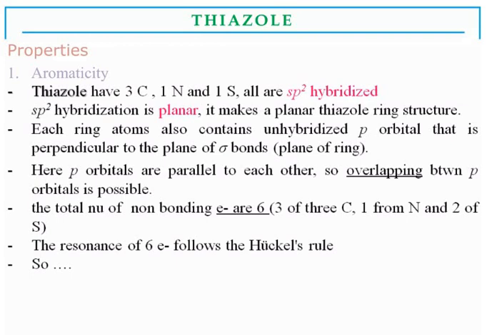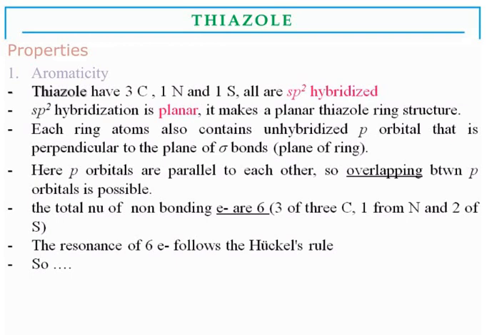There are some important points you can see here. Thiazole has 3 carbons, as you have already seen, 1 nitrogen and 1 sulfur. All are sp2 hybridized. You know my friend, sp2 hybridization is planar. It makes a planar thiazole ring structure.